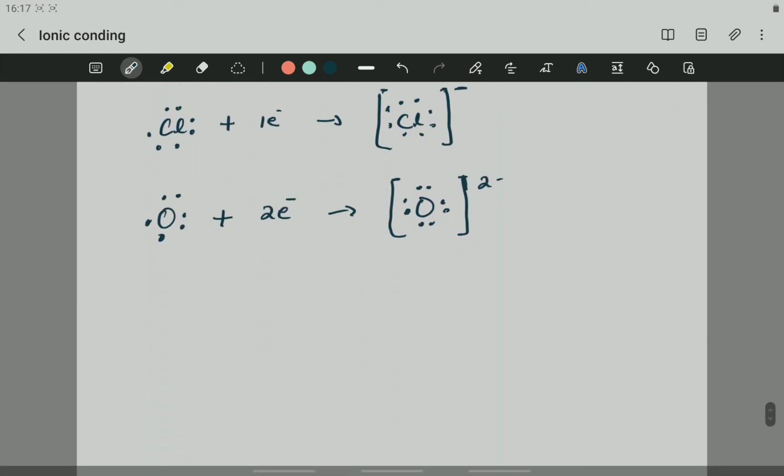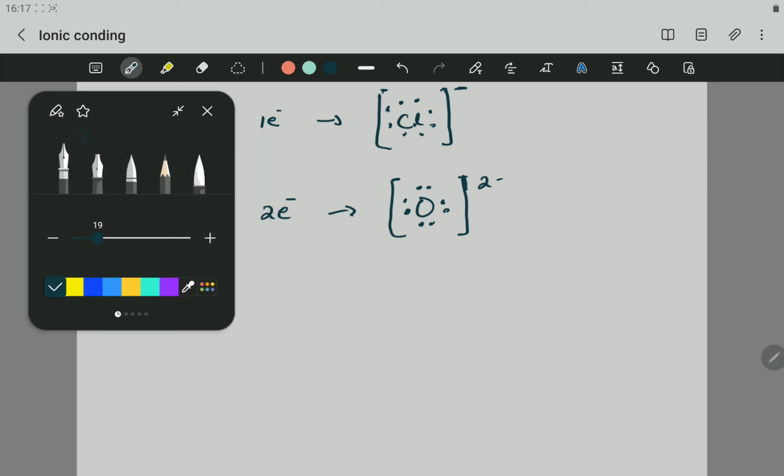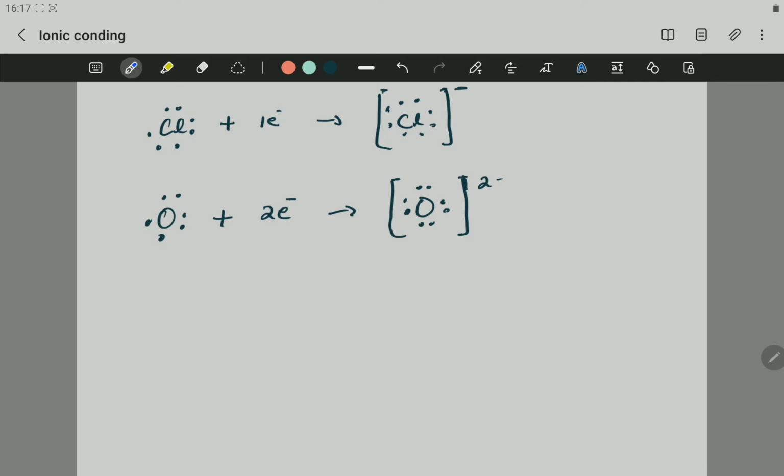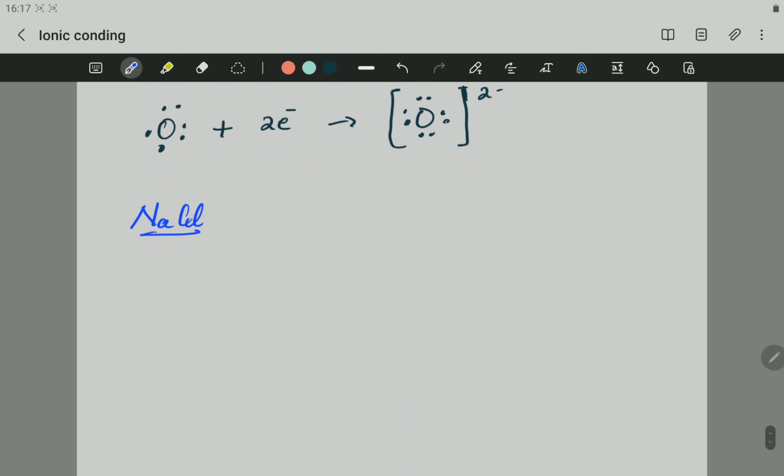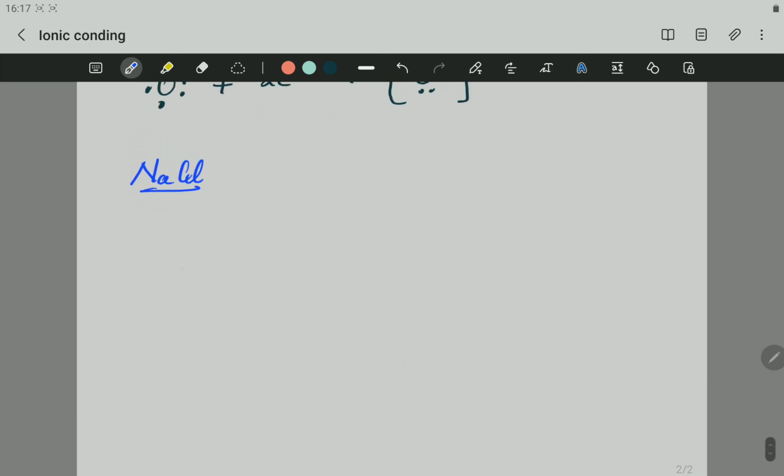Now, if you have the combination to form the formula unit, then they are coming together. For example, let's see how to represent the Lewis dot diagram for the formation of sodium chloride, NaCl. So you have sodium with 1 valence electron, and that will react with chlorine that has 7 valence electrons.